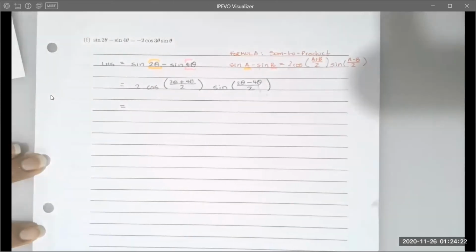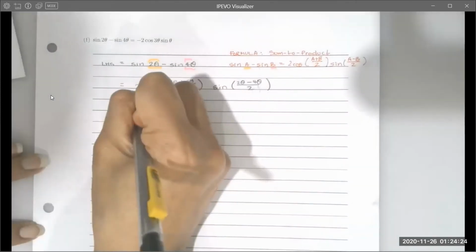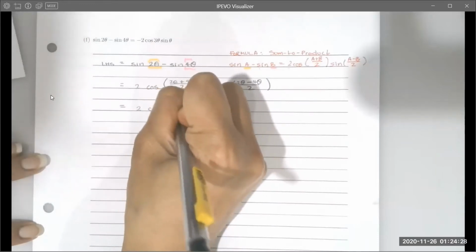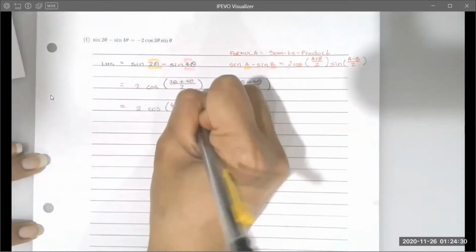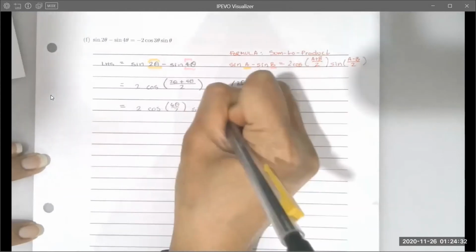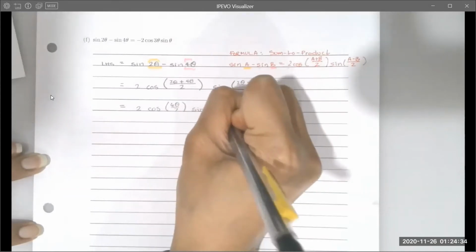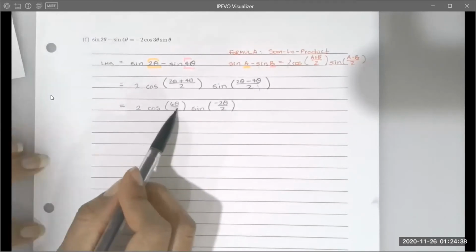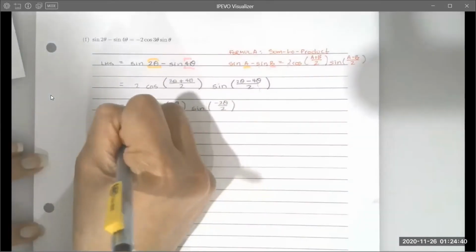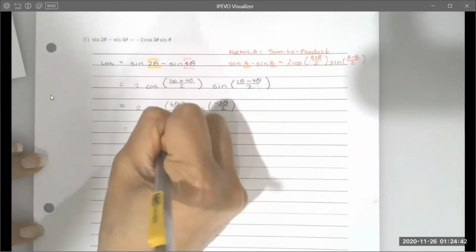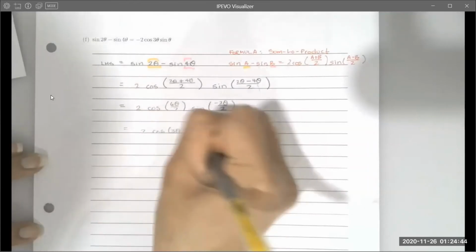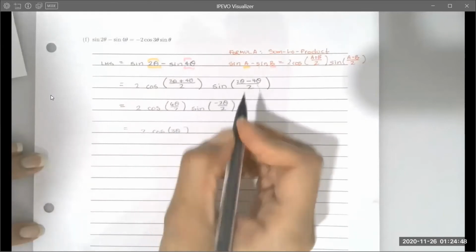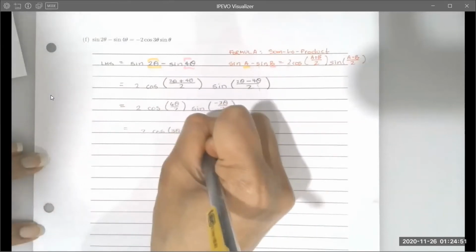And then if we simplify that, we're going to have a 2 times cosine of 6 theta over 2 times sine of negative 2 theta over 2. And then 6 theta over 2, we can reduce down to a 3 theta. And then sine of negative 2 theta over 2, we can reduce down to a negative theta.